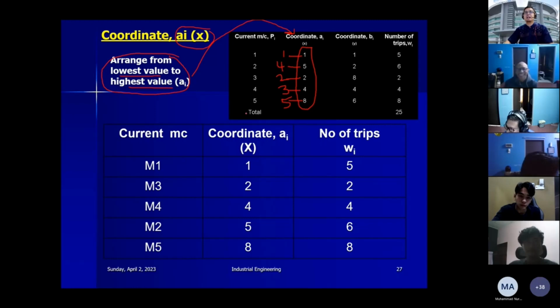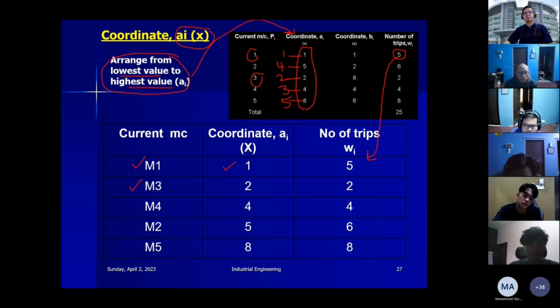Number 1 is M1, yes, correct, M1 with coordinate 1. Double check the number of trips for M1, which is 5 here. Number two will be machine number 3, yes, correct.